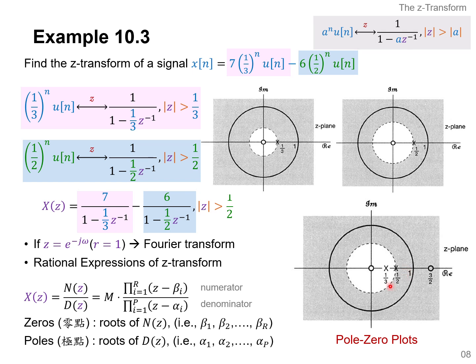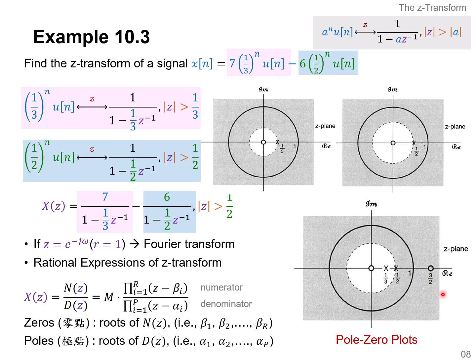This is the shaded region outside the circle in the z-plane. So the poles mark where X of z goes to infinity, and zeros mark where X of z becomes 0. The ROC shows the region where the z transform converges.